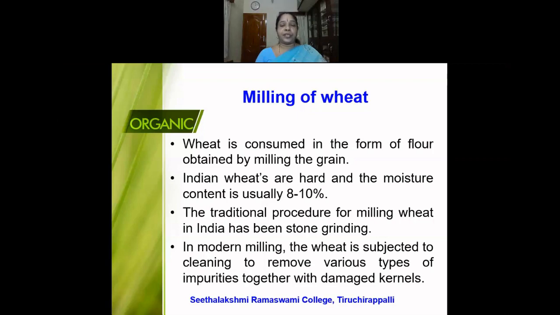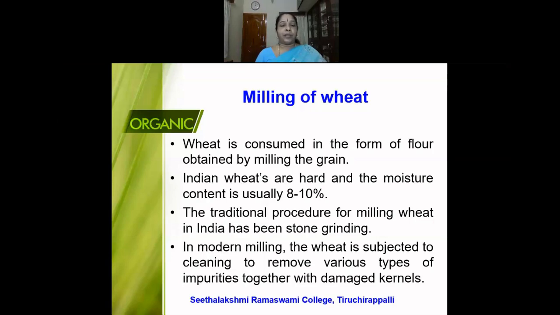There are two stones, and in the upper stone there is a small hollow portion where the grains can be added. The lower portion is fixed and the upper portion is movable. By rotating the upper stone, the wheat was ground conventionally.